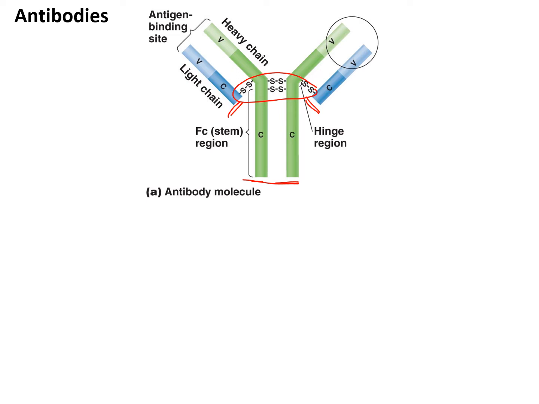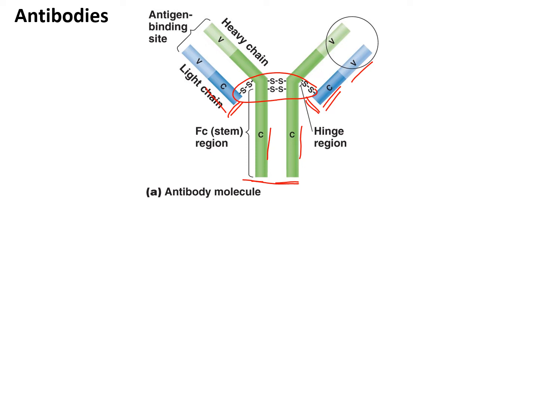Each chain, heavy chain and light chain, has 2 regions. It has a constant region and a variable region. The constant region of each chain has the same structure in all members of a species. So if you look at all the antibodies that are in my body and compare the constant region to the antibodies that are in your body, they would have exactly the same structure.